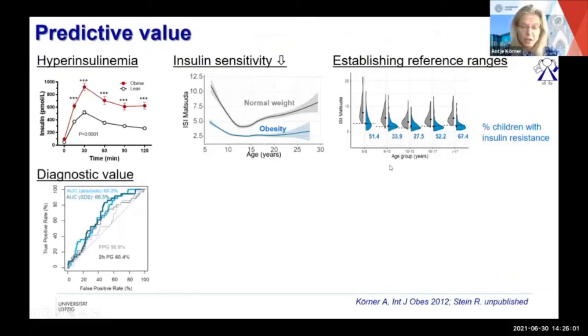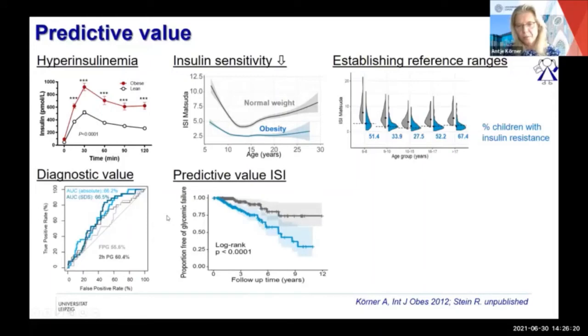And then, of course, we need to know, okay, what is the diagnostic value related to existing dysglycemia? For comparison, I put in the fasting plasma glucose and the 2-hour plasma glucose. And you see that OGTT-derived values perform better. And they are also better in predicting future glycemic failure.